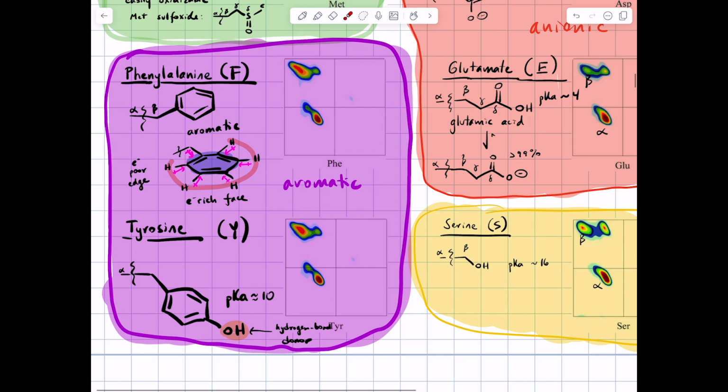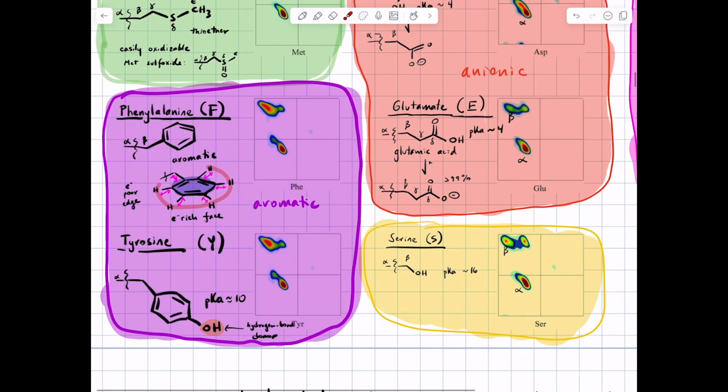These include phenylalanine with a one-letter code of F, that makes sense. Tyrosine, one-letter code Y. Why? Because we've already used T for something else. And this is like phenylalanine but has an OH group. They both are aromatic.